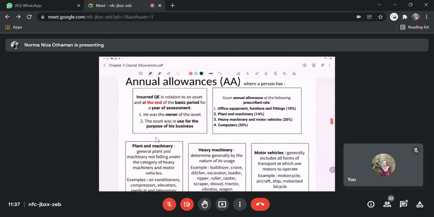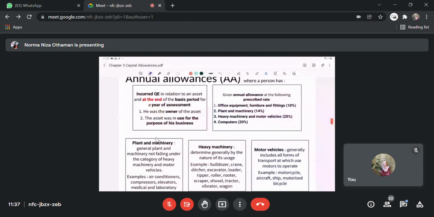So saya dah bagi dekat sini right. So you boleh tengok office equipment, furniture, fitting 10%, plant and machinery normal bukan heavy, bukan mesin yang besar, mesin yang biasa 14%. Tapi kalau heavy machine, motor vehicle dia dapat 20%, computers 20%, 100% selalunya untuk small value asset. Nanti kita akan tengok lah. Right.